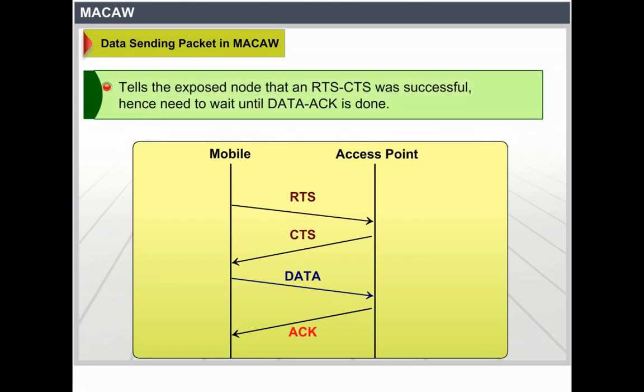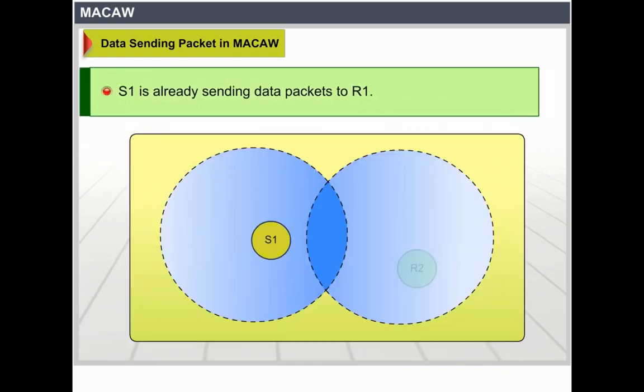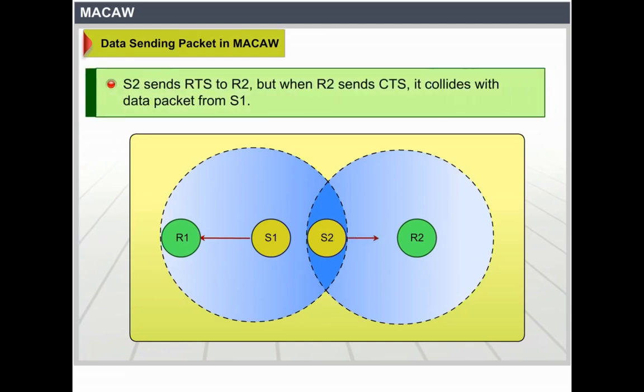It tells the exposed node that an RTS-CTS exchange was successful, hence it needs to wait until the data ACK is done. S1 is already sending data packets to R1. S2 sends RTS to R2, but when R2 sends CTS, it collides with the data packet from S1.